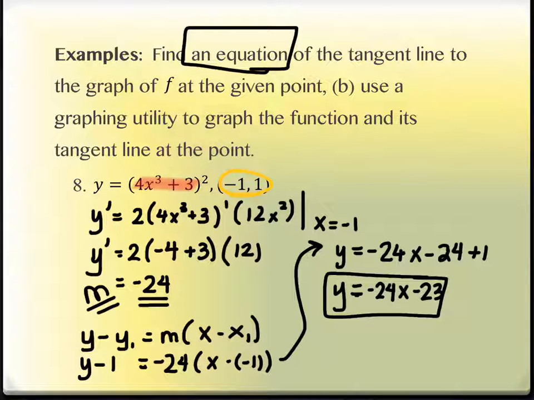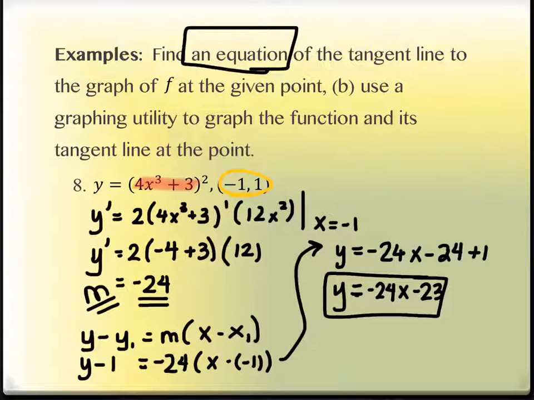So if you grab your calculator, what we want to put in is the original function and the tangent line. And we need a window that makes some sense for us.